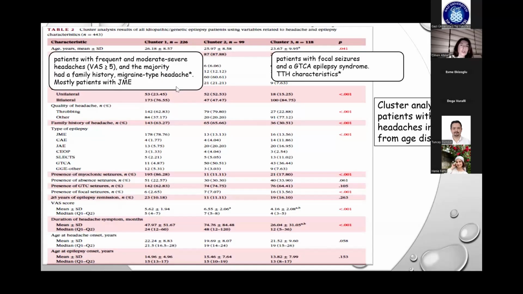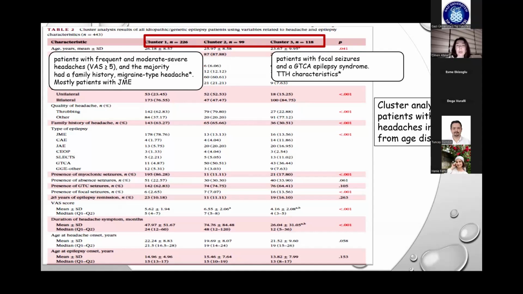This table shows the whole patient group, which was clustered into 3 clusters, as you see. Cluster 1 had patients with frequent and moderate to severe headaches, and the majority had a family history.